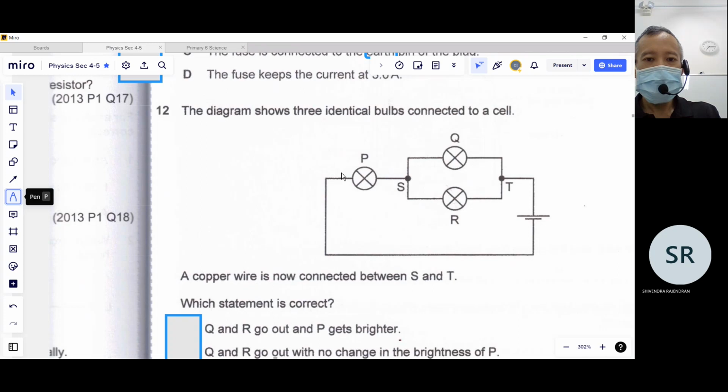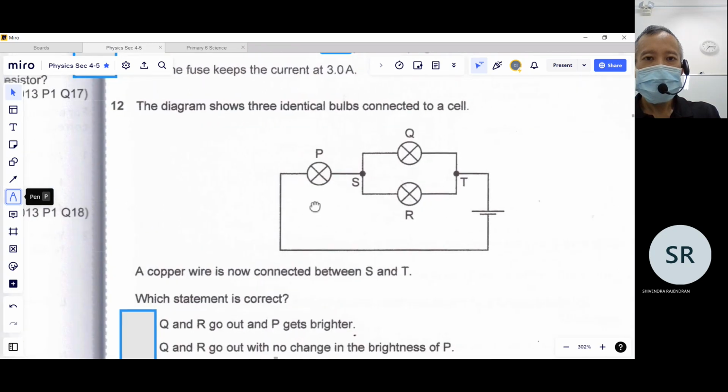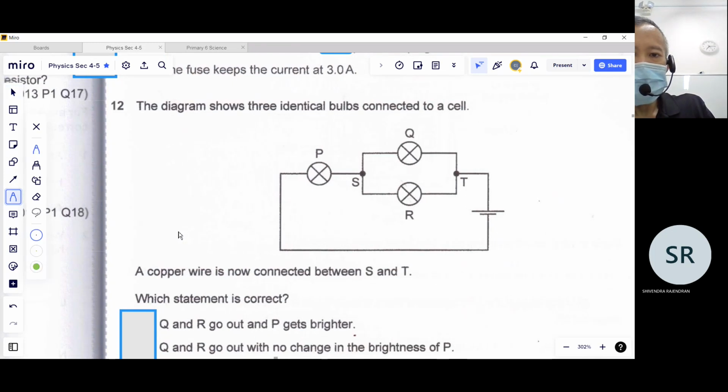Okay, this is quite interesting. 3 identical bulbs, copper wire connected between S and T. So basically, I have a copper wire from S to T. Interesting. Which statement is correct, Joey?